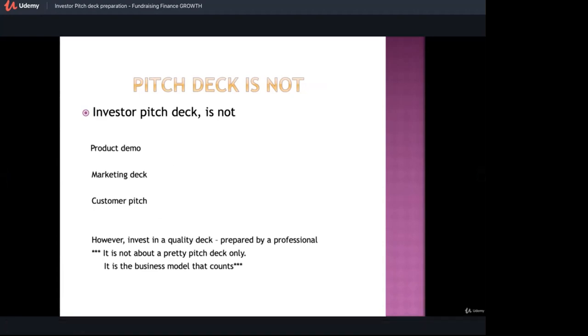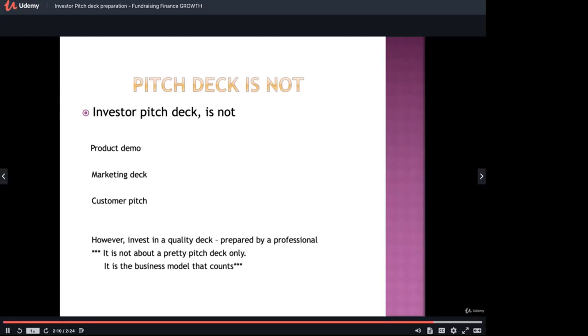It is not a marketing deck. Do not go into details about your marketing strategy, tactics, and successes. It is not a customer pitch. You are not doing a sales pitch about selling products, so avoid acting like a salesman or woman.